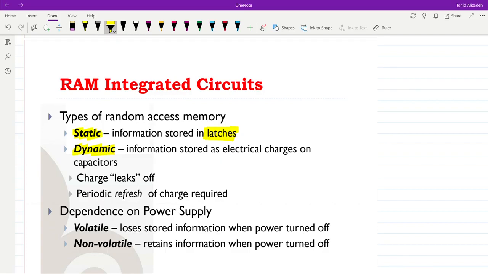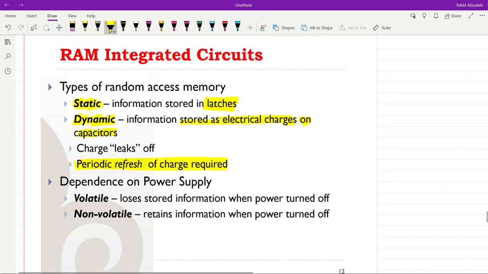On the other hand, for dynamic RAMs, the information is stored in the form of electrical charges on capacitors. Since the charge could leak over time, a periodic refresh of charge is required in order to make sure that the data is stored properly in the RAM. So we have static RAM and dynamic RAM, and we'll go into details on them later.